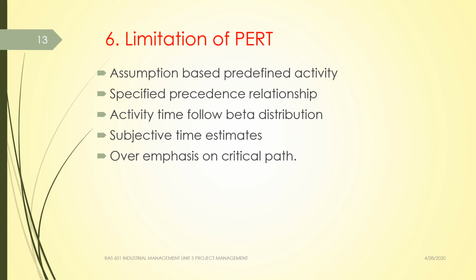that it provides a kind of rough estimation and not the exact one. The second limitation associated with PERT is that it specifies precedence relationship only and not the successive relationship. Yes, you can see it is based on the precedence relationship. The variables are not independent because each and every activity within the project is interdependent.